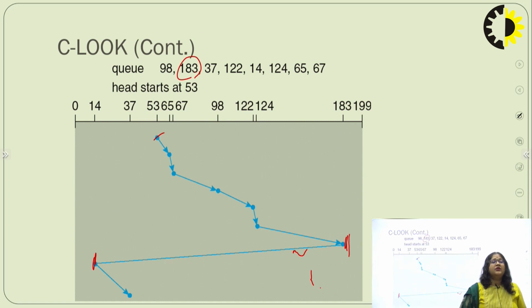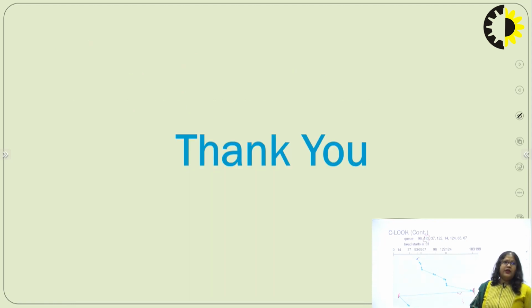So it becomes a good algorithm, and C-LOOK is a very good algorithm for scheduling, or for calculating the minimum head movement. It is the best because it gives the minimum seek time. So this is a good algorithm. Thank you for this lecture.